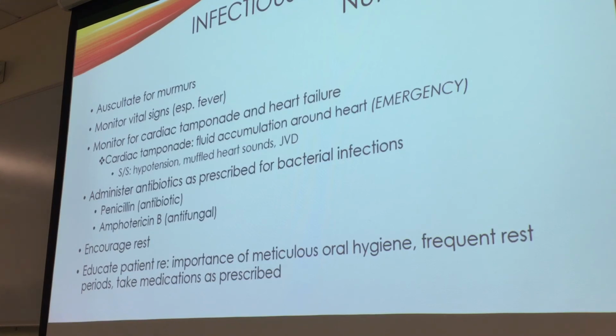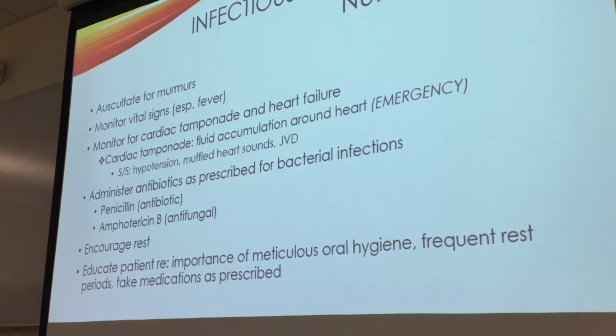So tamponade, if you haven't heard of it before, is basically just a fluid accumulation around the heart within the pericardial sac. And this is an emergency. Signs and symptoms would be hypotension. Their heart sounds are going to sound really muffled, kind of scratchy. And they'll have some JVD, or jugular vein distension. These patients may need a pericardial window surgery to drain the fluid around their heart.